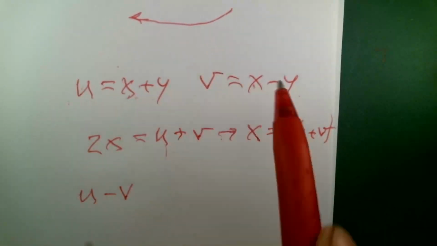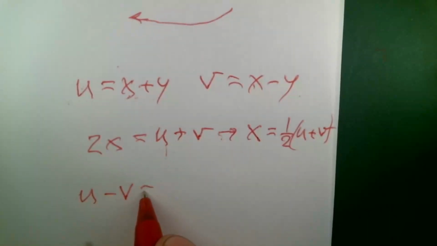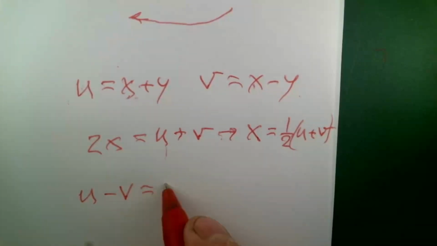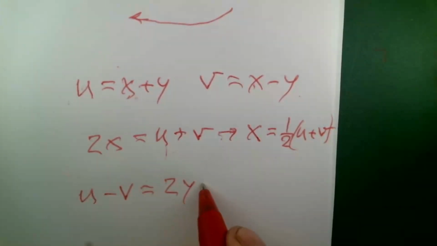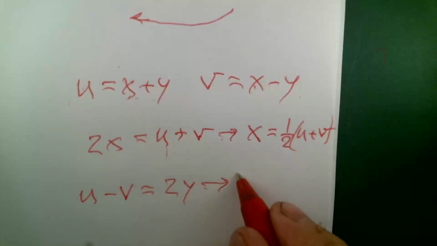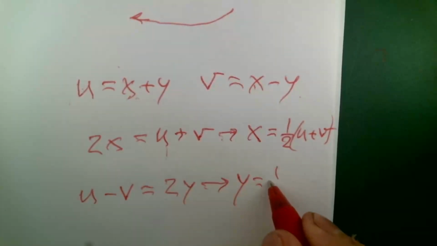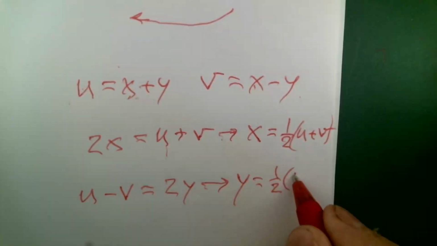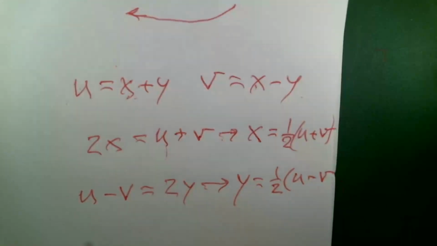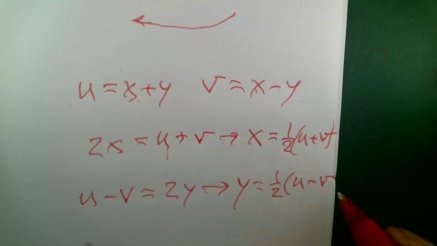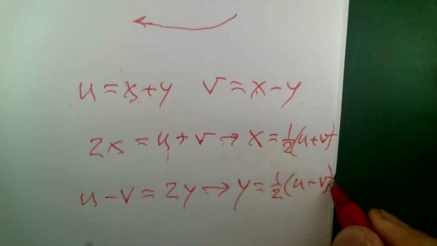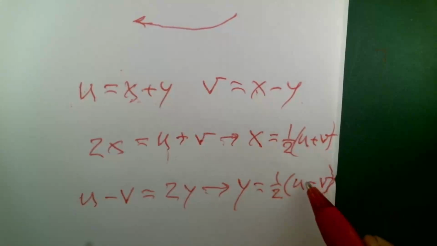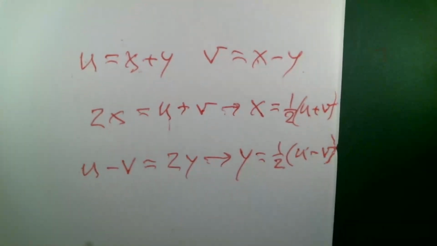Well, the x minus x will be gone, and the y minus minus y will make it a 2y. So that one turns into y is equal to 1/2 of u minus v. Okay, those are our functions that give x in terms of u and v and y in terms of u and v. And gee, they're not so bad.